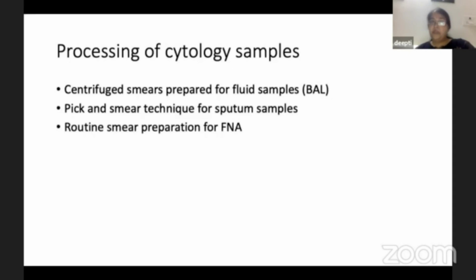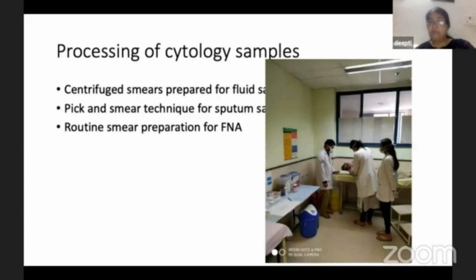Now, this slide shows you how a cytospin smear is prepared. For a cytospin, you require a clip, you require a funnel in which the sample has to be put, and a slide. The clip comes with a filter paper.